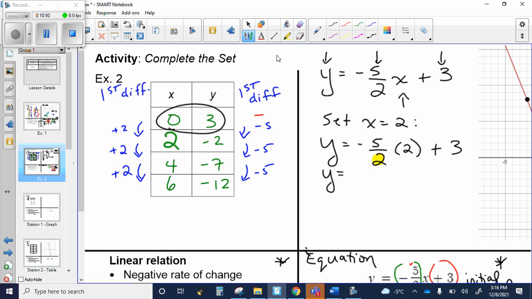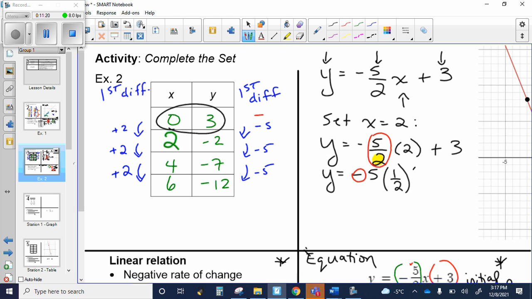I'm just going to put this negative out front, but essentially we're taking 5 halves, which is a negative number. That's why the negative is here. So 5/2 is really 5 copies of 1/2.